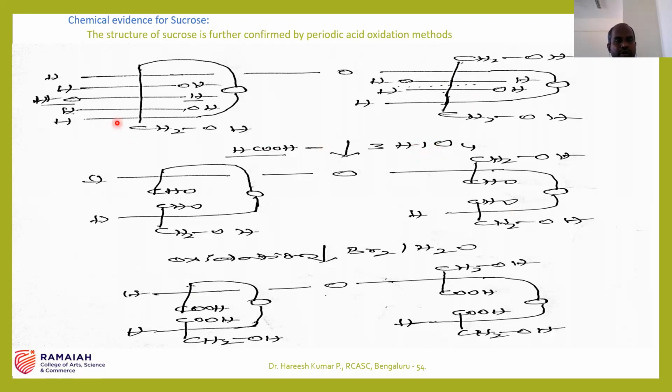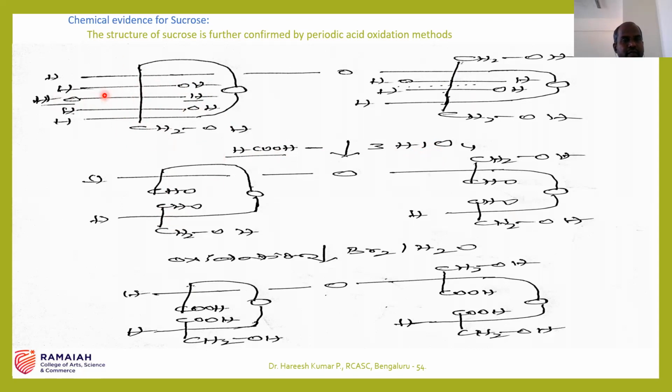More particularly, in this unit, this particular center CHOH is converted into carboxylic acid. This carbon goes out as a carboxylic acid, and this carbon, where an alcohol is there, is converted into aldehyde.